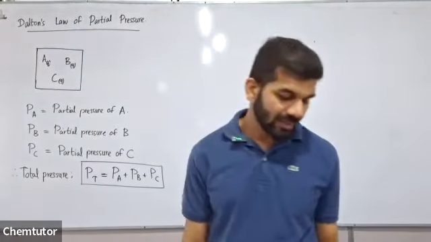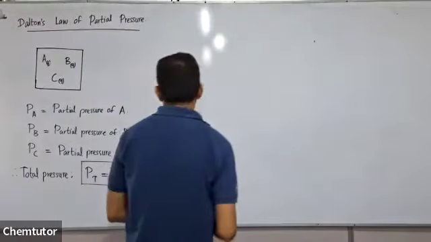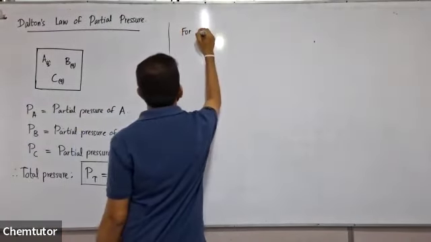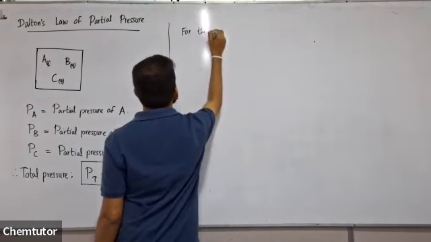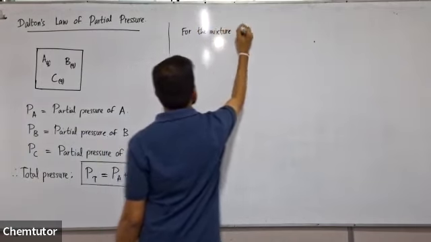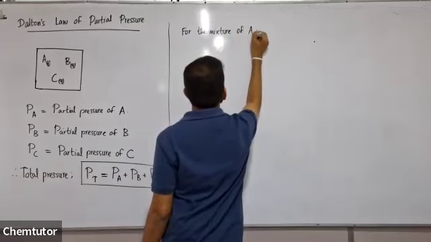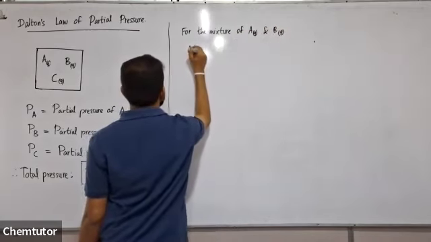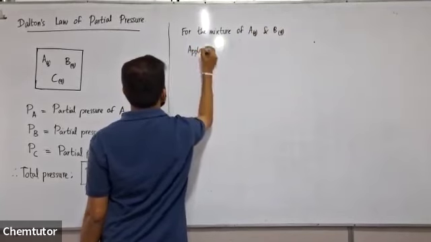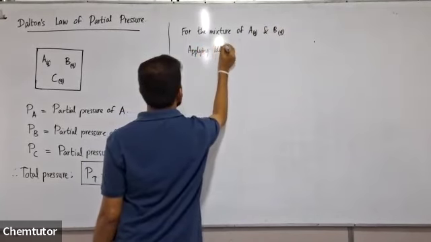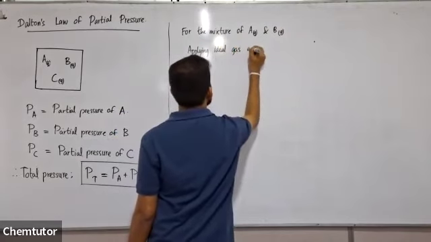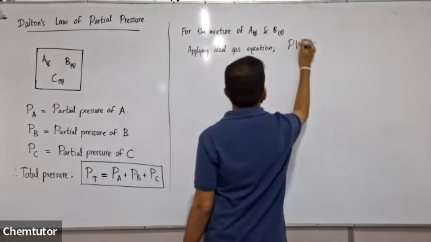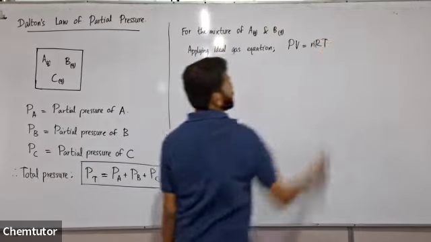You can say, by applying the ideal gas equation, this is for the gas mixture of A and B. We can apply the ideal gas equation PV equals nRT.